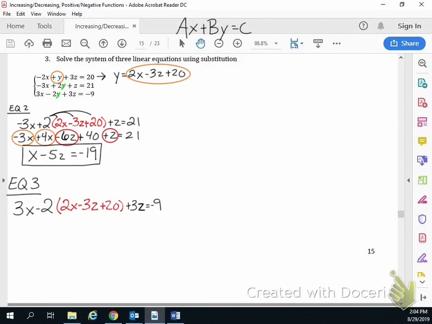So I'm going to distribute this negative 2. Make sure you're taking the negative with it so that you get 3x minus 4x plus 6z minus 40, and then plus 3z equals negative 9. And then I'll go through and combine my like terms.